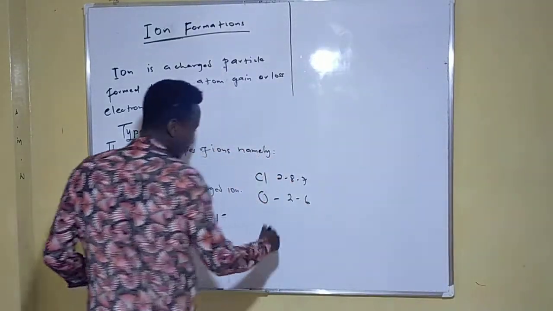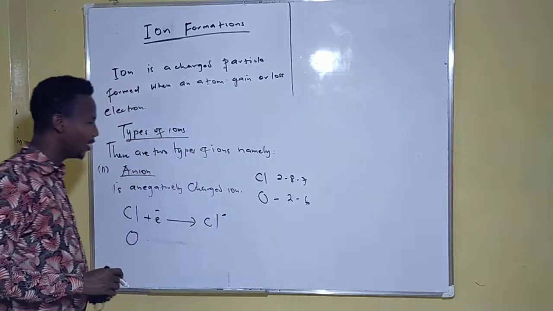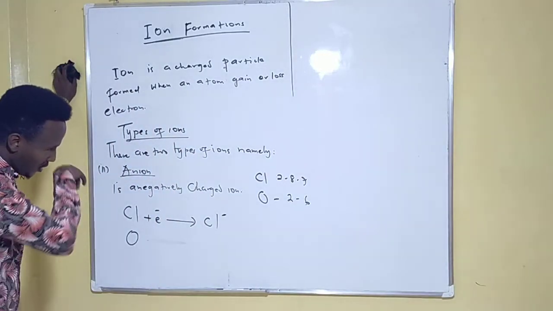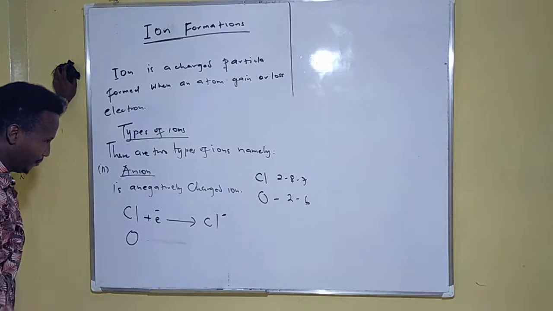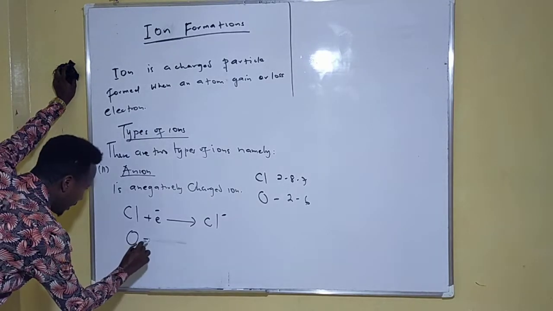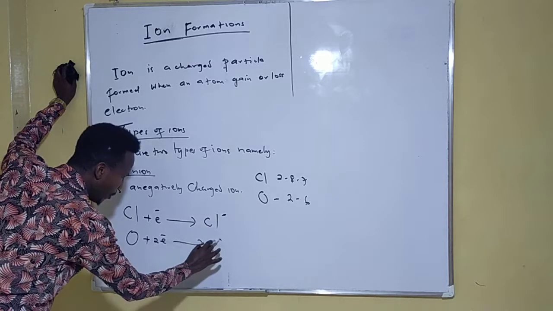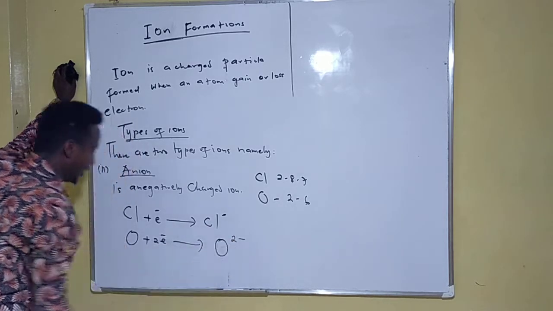So what will happen? Oxygen will gain two electrons to become stable, to acquire the octet state of neon. So it will gain two electrons to form the oxide ion, which is written like this.